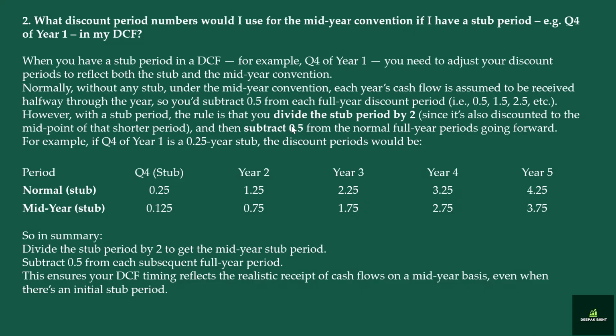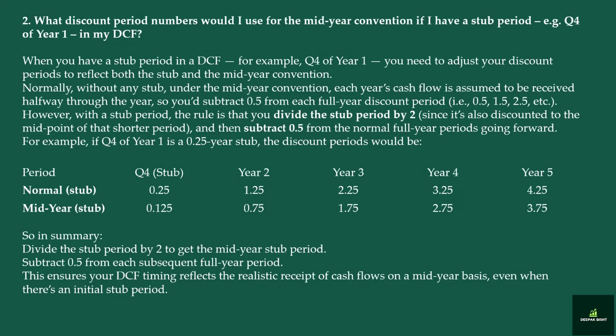Before that, let's talk about the calculation. When we adjust these calculations, we will divide the stub period by 2. So 0.25 divided by 2 is 0.125. And we will shift these periods to make it mid-year convention. So we will subtract 0.5 from 1.25 and it will be shifted to 0.75, 1.75, 2.75, and 3.75.